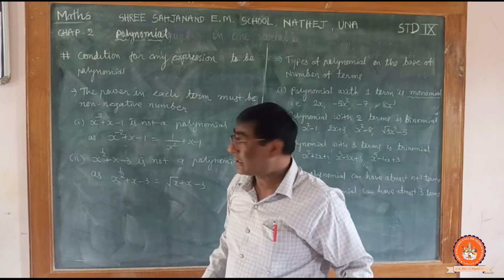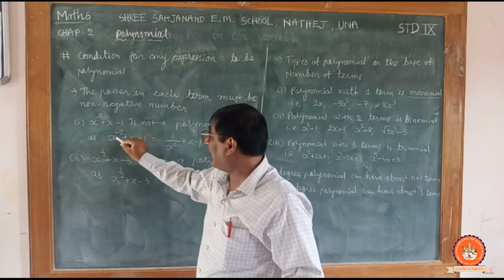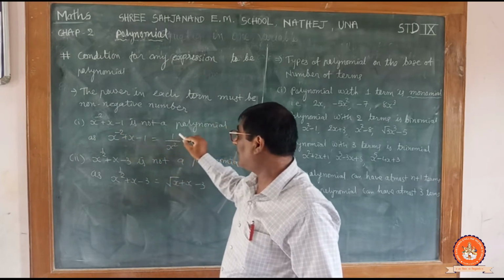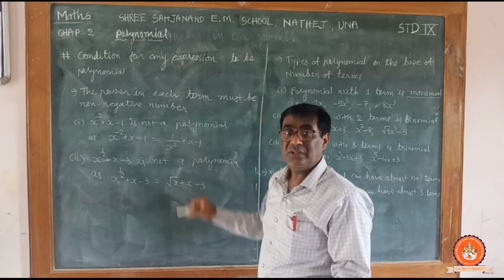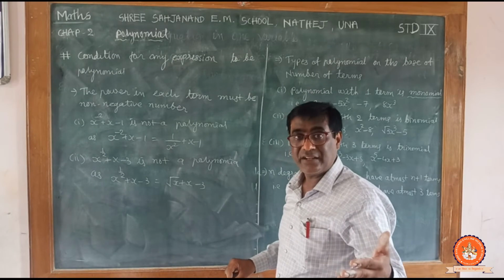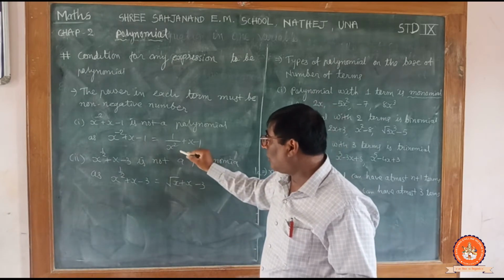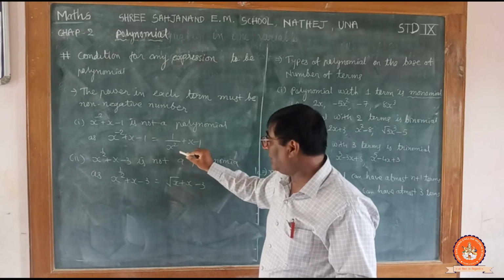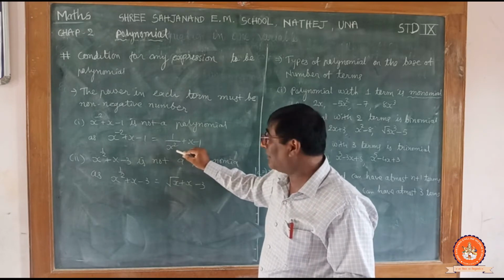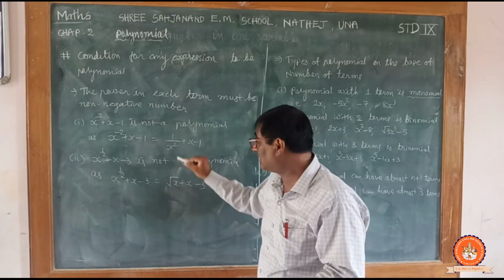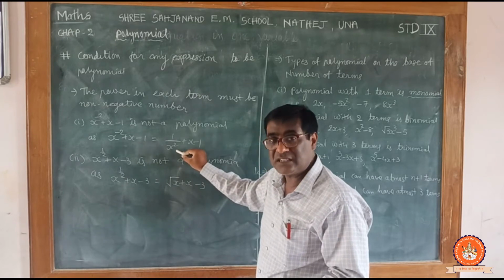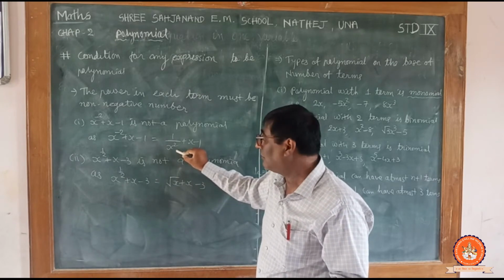Okay, this one is not a polynomial because x raised to minus 2 is considered as 1 upon x raised to 2. That we have learned in standard 8. So in any term, if the variable is in a denominator, then such an expression is also not a polynomial.